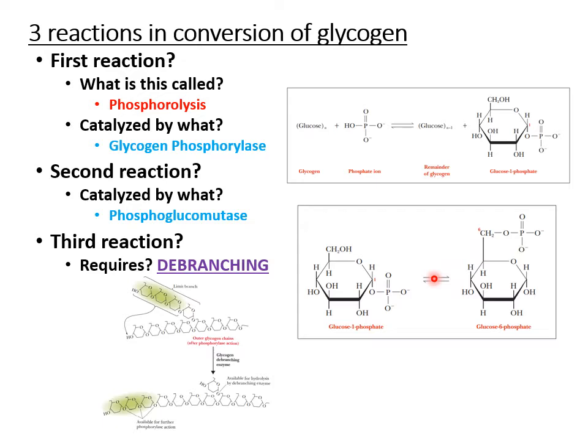Isomerization means that both of these have the same chemical formula. They just have a slightly different arrangement of where you will find certain parts, in this case the phosphate group from the previous area. This second reaction is catalyzed by this enzyme here, phosphoglucomutase.